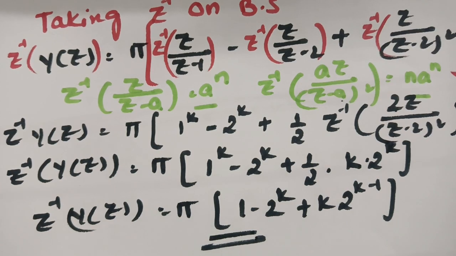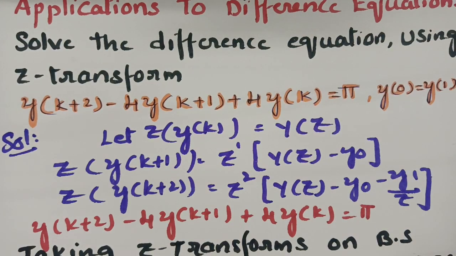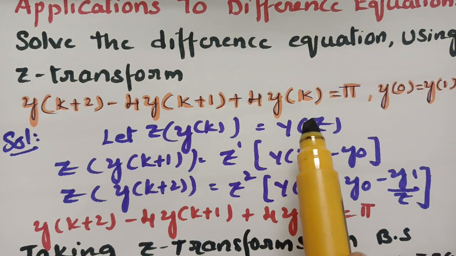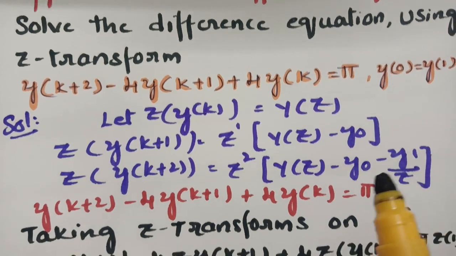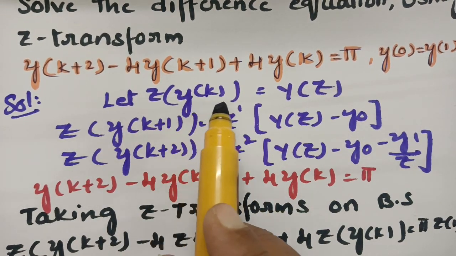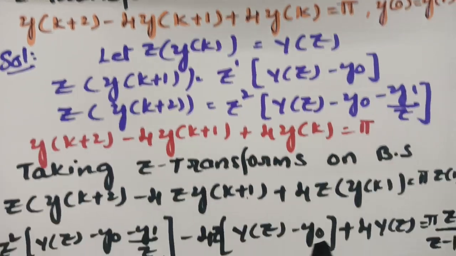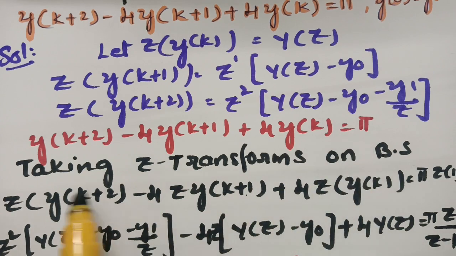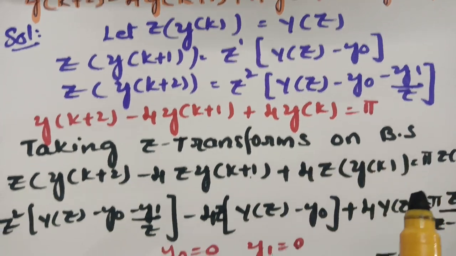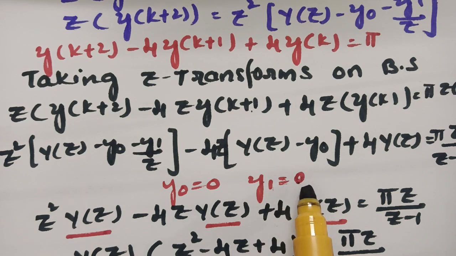And this is how we have to solve, and it is also so simple if you practice. Definitely I'll explain once again. First of all, this is the difference equation given and we have to apply z transforms. For that, these are the conditions. We have to take z of y of k, z of y of k plus 1, z of y of k plus 2, and for the given equation we have to apply z transforms on both sides, where the conditions are y0 is equal to 1 and y1 is equal to 0.